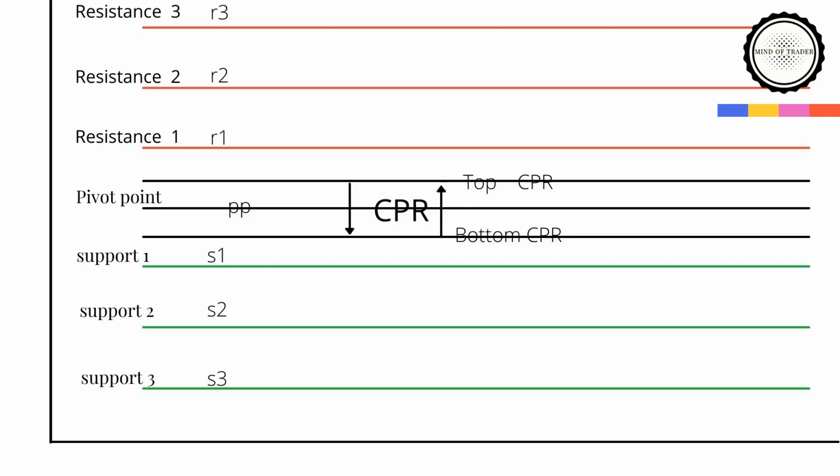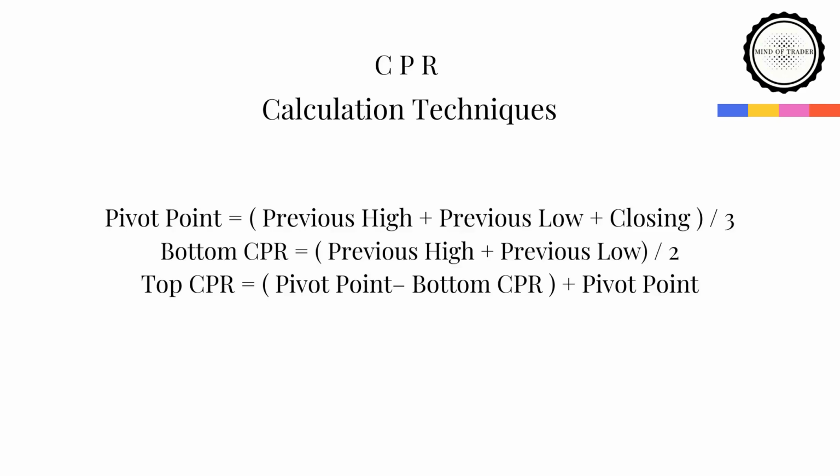Again, there is a manual calculation to calculate CPR. You just have to take out the pivot point number. How can you do it? Previous day high plus previous day low plus close, divided by 3. Whatever figure comes is your pivot point. Then for the bottom CPR: previous day high plus previous day low, divided by 2.